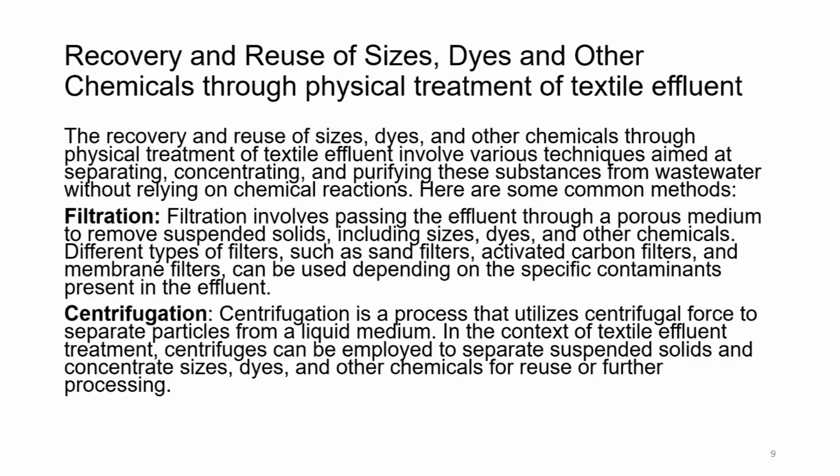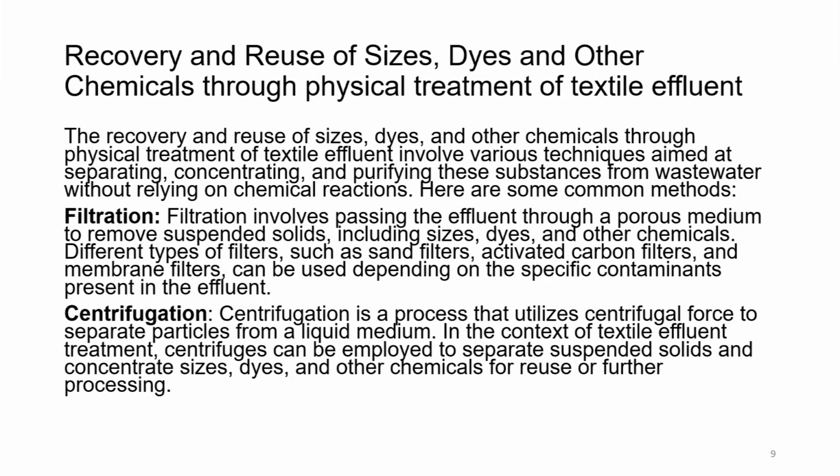Recovery and reuse of sizes, dyes and other chemicals through physical treatment of textile effluent is also possible. It involves various techniques aimed at separating, concentrating and purifying these substances from wastewater without relying on chemical reactions. Here are some of the physical methods.